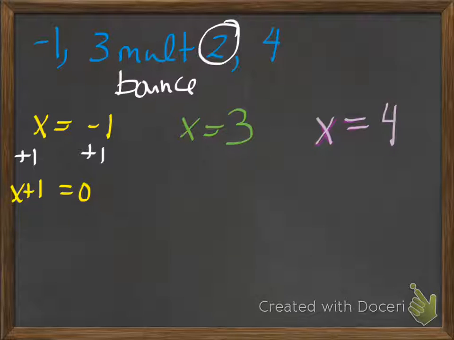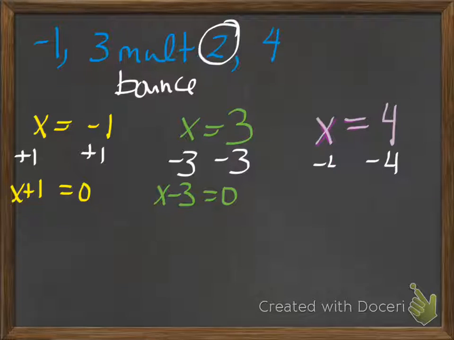We are going to subtract 3. Why do I subtract 3 instead of add 3? Because it's a positive number. Giving us x minus 3 equals 0. And we are going to subtract 4, giving us x minus 4.